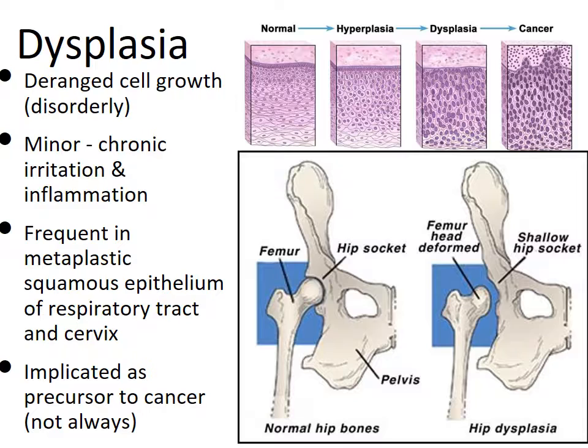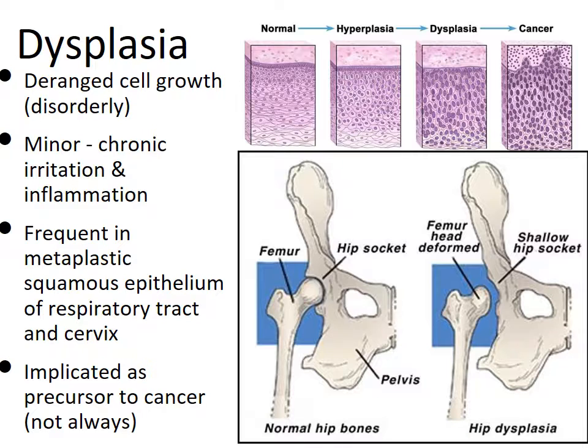Some of these include or are actually associated with things like chronic irritation, inflammation, immune response. Oftentimes, we look at metaplastic cells from the squamous epithelium of the respiratory tract as well as the cervix of the uterus.